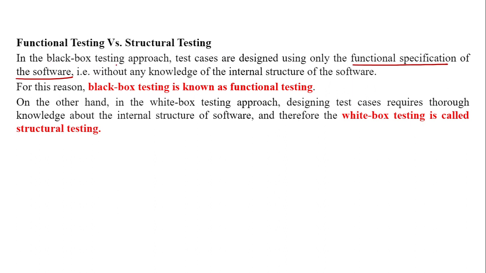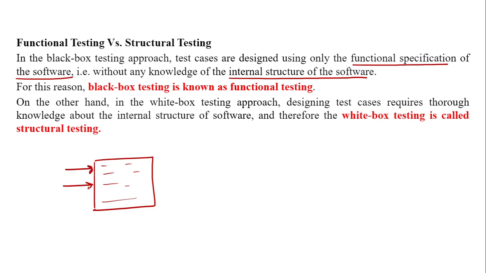In black box testing, test cases are designed using only the functional specification of software, that is without any knowledge of internal structure of software. Meaning they are saying that if you are talking about a calculator, you don't know what coding they have used inside. In case of black box, you only know about the functionality of the calculator. You don't know what is the code used inside this.